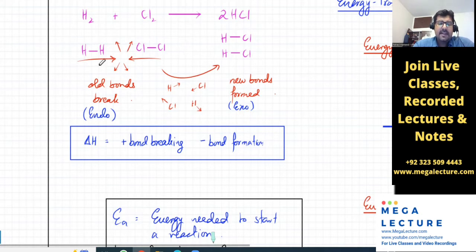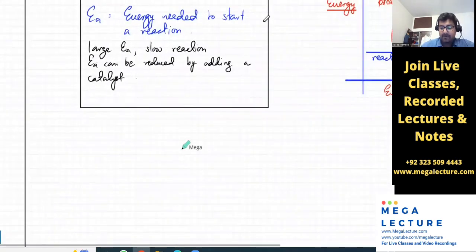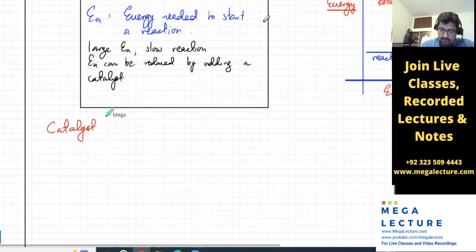So how does a catalyst reduce activation energy? It does that in many different ways. I'm going to talk a bit about catalysts because there are two types of catalysts.